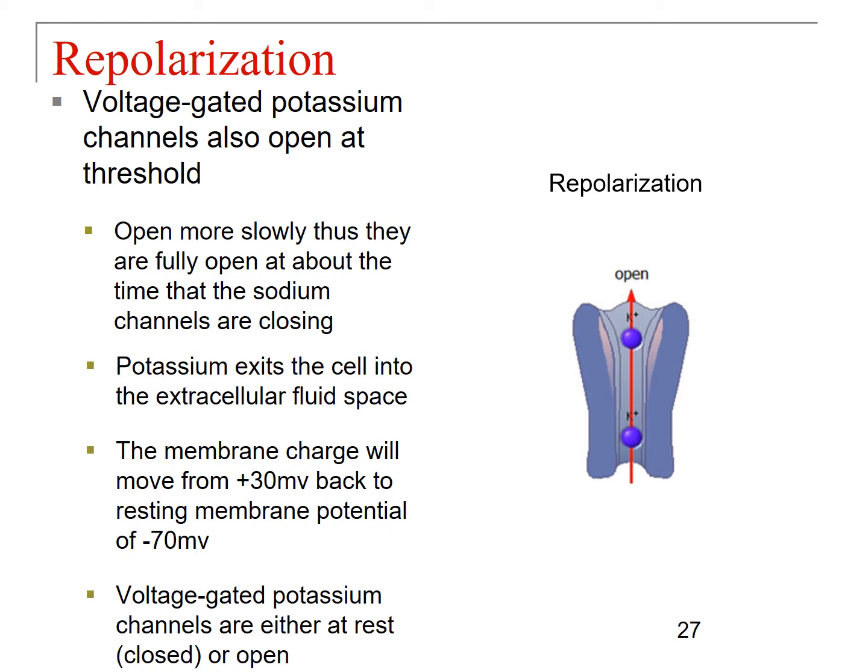With repolarization, you move from plus 30 back down to negative 70, and these voltage-gated potassium channels will still remain open. Now they're going to close during hyperpolarization so that you get back to your original state. So unlike sodium channels, which can be open or closed or inactivated, voltage-gated potassium channels are either closed or open.